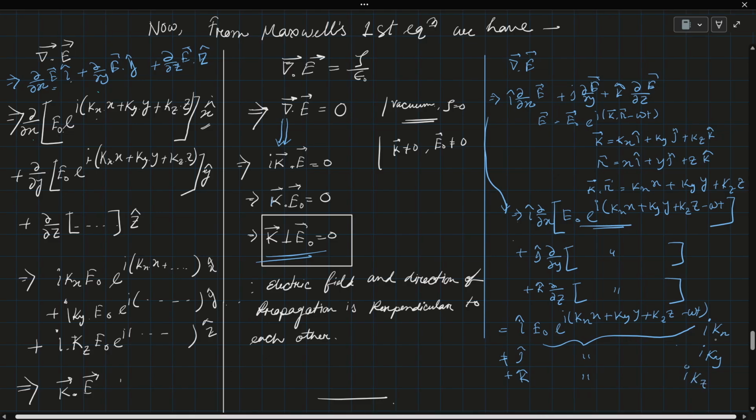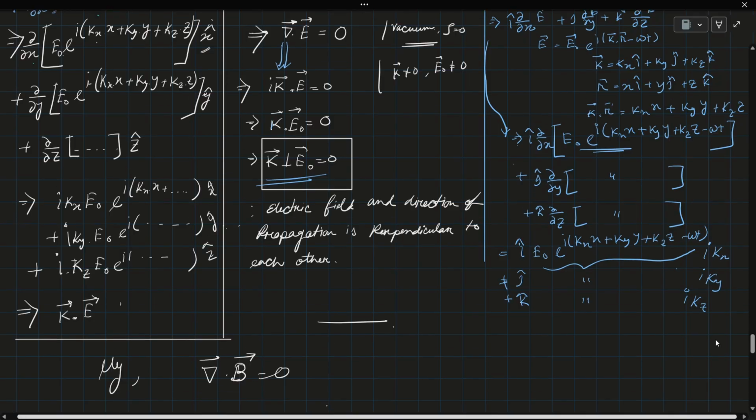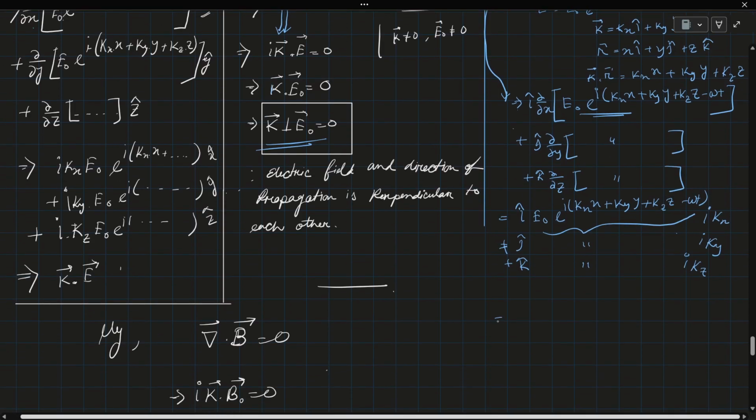So now what I can write, if I ignore these i's and take the exponential term common, I will get kx i cap plus ky j cap plus kz k cap, right?